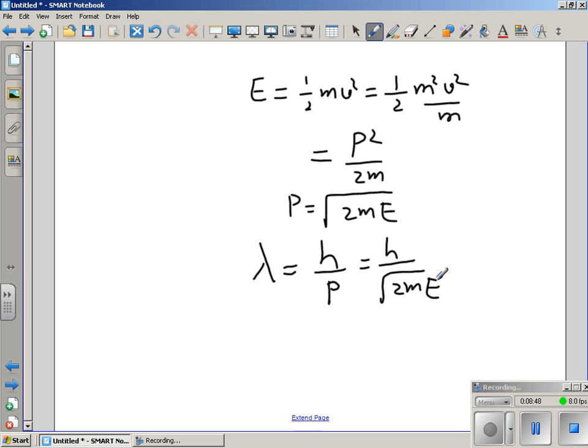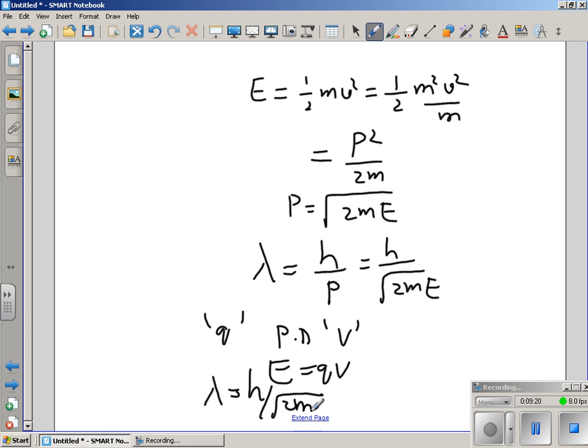In the case of a charge q accelerated by a potential difference V, E is equal to qV. So lambda, the wavelength associated with this charge moving with velocity v, can be written by substituting the E value: h by under root 2mE is h by under root 2mqV, where V is the potential difference.